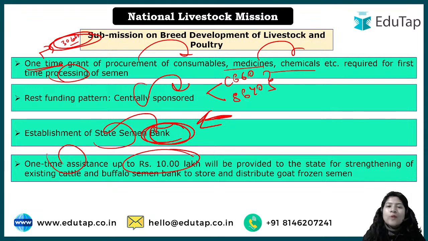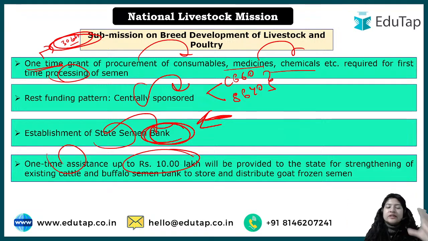But now in small ruminants we are also talking about improving the breeds, right? For improving the breeds there are two things that have been kept in mind. First, a station where semen can be collected, and second, where it can be further sold to the farmer, ठीक है. So a farmer or the state functionaries, whoever wants good quality future generation.